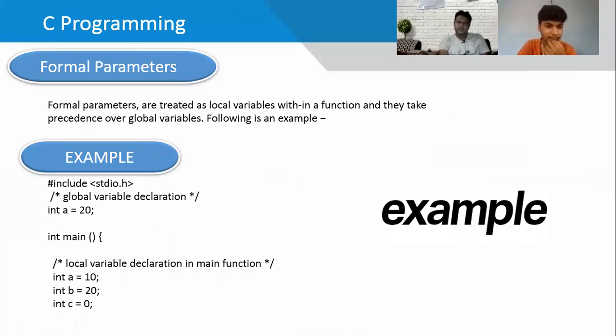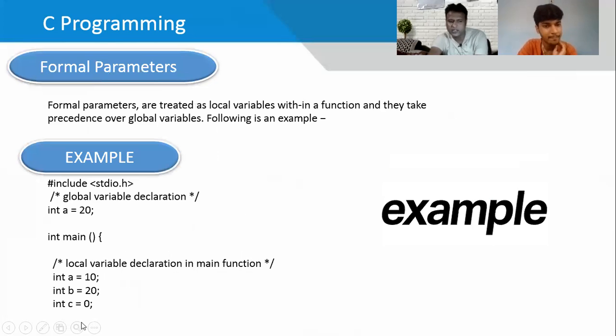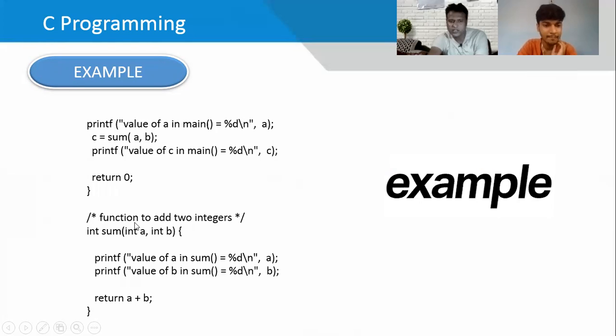Then here we define int a equals 20. In the function we define some variables: int a equals 10, int b equals 20, c equals 0. Then we are calling a function, c equals sum of a and b. So we are passing the a and b values, and they are stored in the function's a and b.